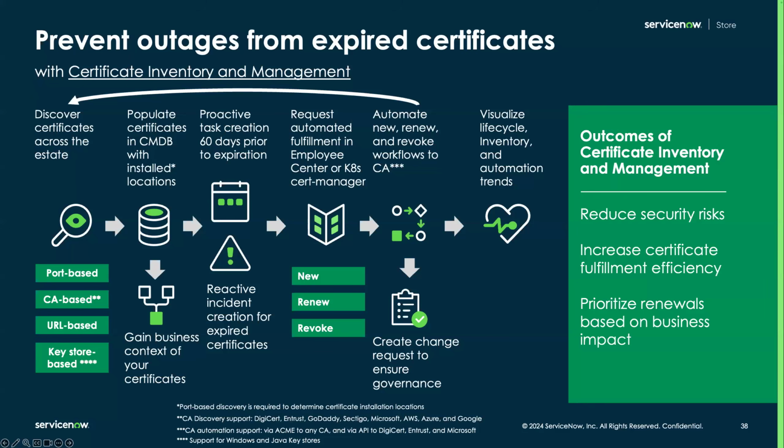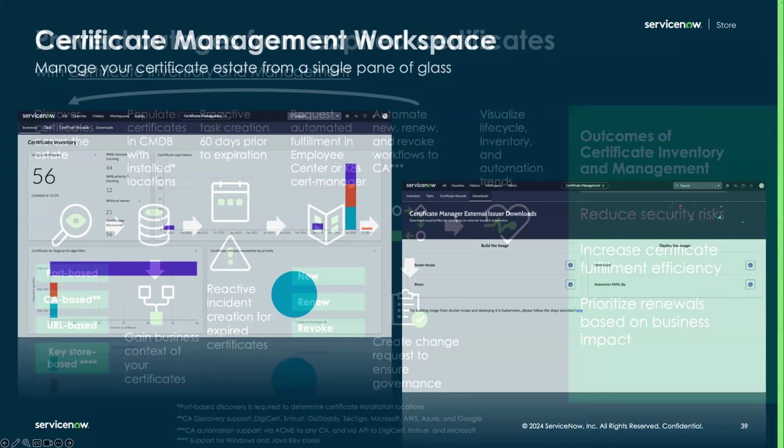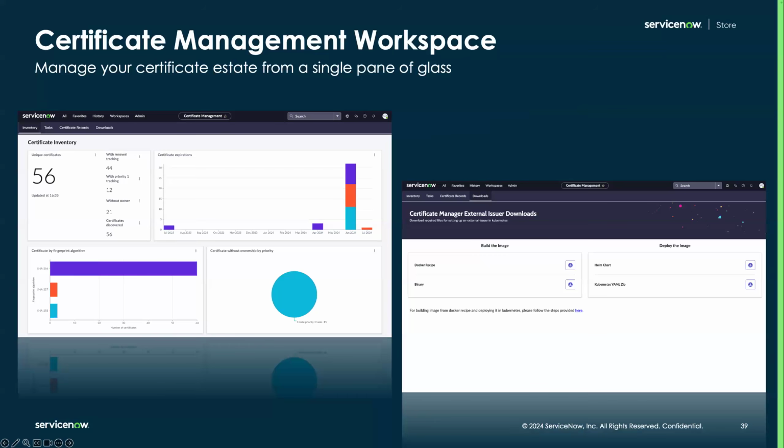And then we can automate the new or renew or revoke workflows to the certificate authorities. Now, at that stage, we'll create a change request to ensure governance, so we can track everything that is happening around this certificate lifecycle, and we can eventually visualize the certificate lifecycle in inventory. How can we do that? With a new workspace that allows you to perform all these tasks in a streamlined way, the certificate management workspace.